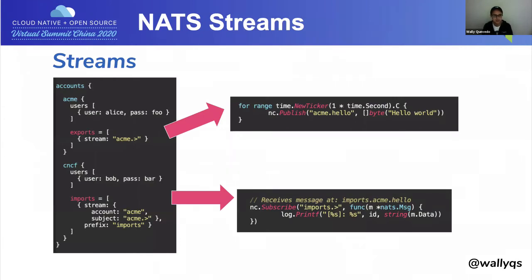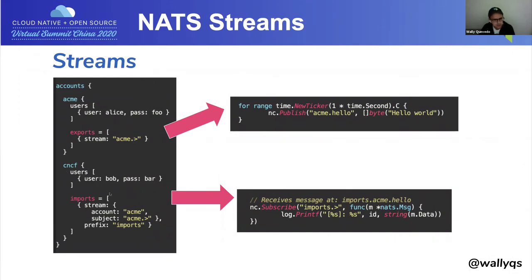When using the account isolation features from NATS, for example, in this case, we have a couple of accounts, ACME and CNCF, and we can see already how it helps to use these abstractions. For streams, we say that the ACME account will export a stream named ACME.>, that is basically any event that is published after the greater than wildcard here.